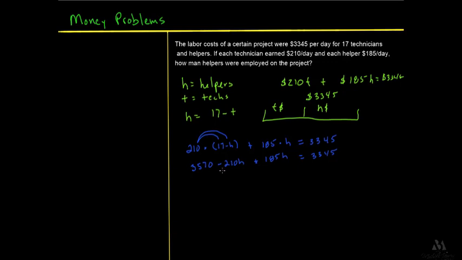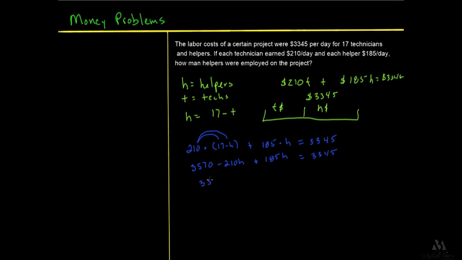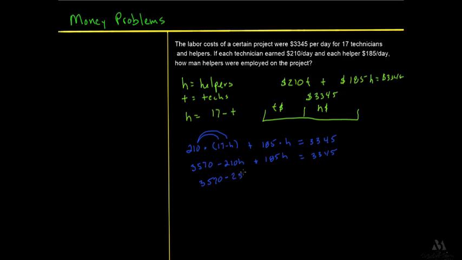I've got a 185H and a negative 210H. So 185 minus 210 is negative 25. So I've got 3570 minus 25H equals 3345.